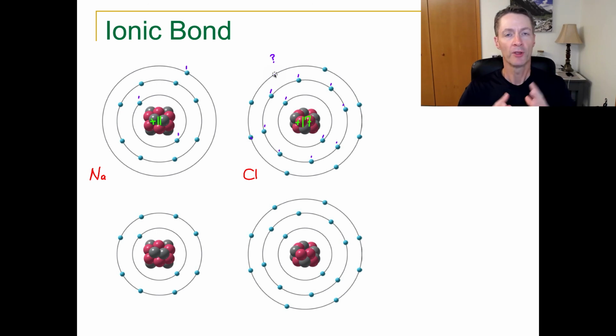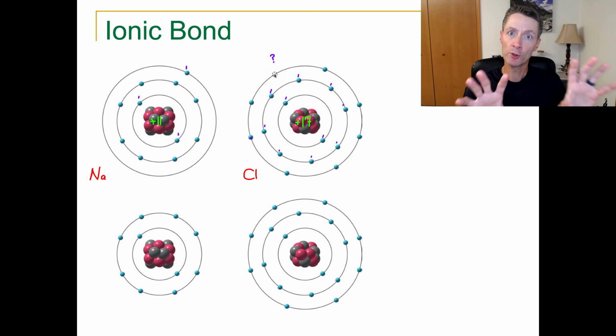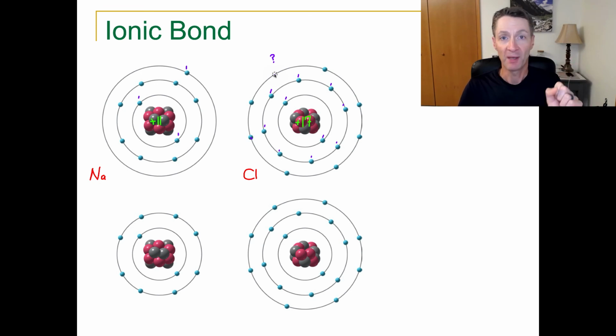Now, the general rule of thumb is, even though these two atoms are neutral, that is not what makes an atom, quote, happy. For an atom to be the happiest, let's just say, this sodium atom, which has 1 electron in the outer shell, well, it doesn't have the 8 that it needs, right?